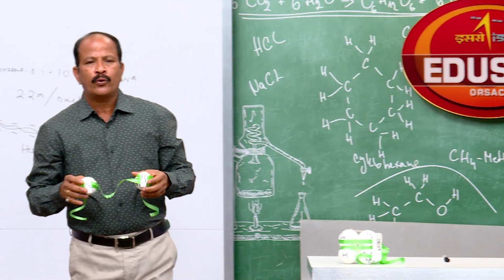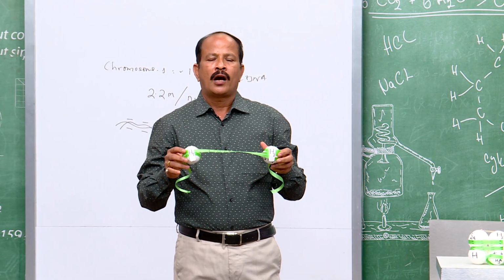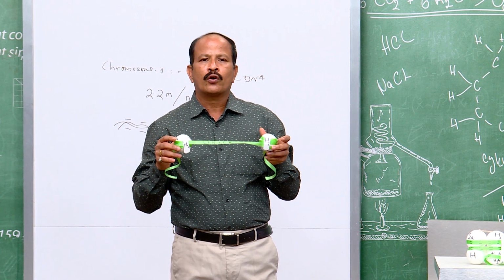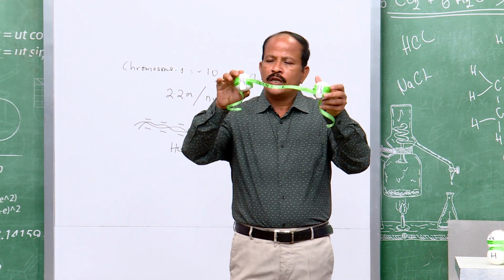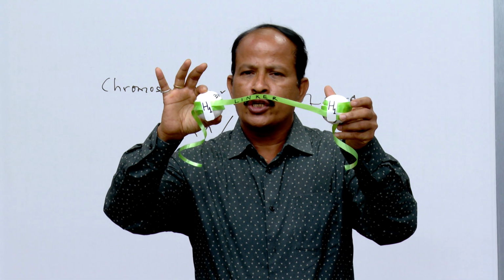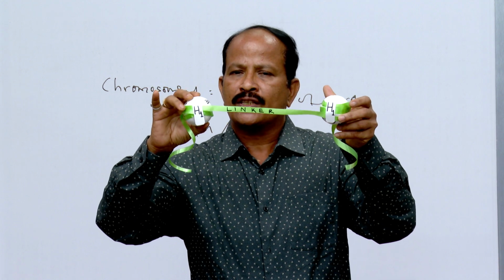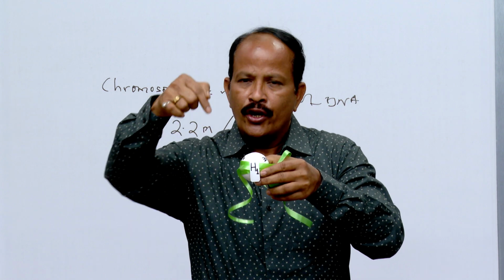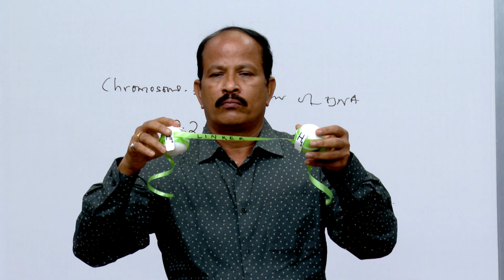In 1974 it was observed that histone proteins are regularly associated with the DNA to form nucleosome fibers. This ball is a histone core which consists of 8 histone proteins, and the DNA, which has negative charge, is wrapped around it in a left handed manner to form a nucleosome.